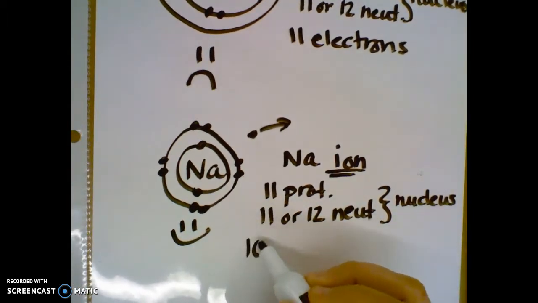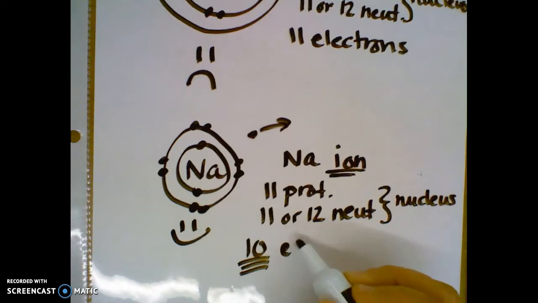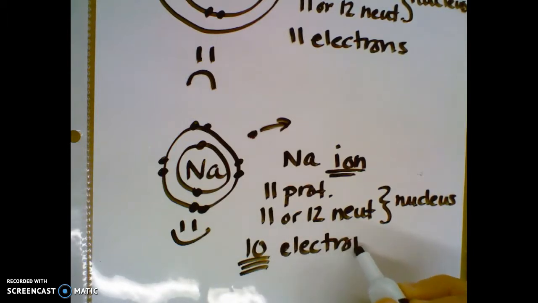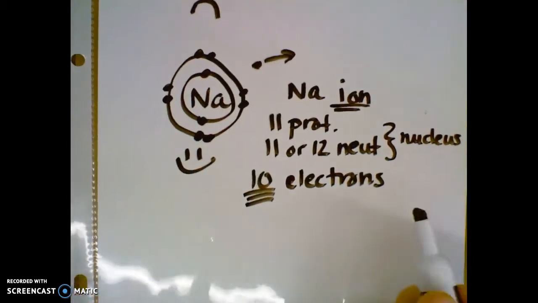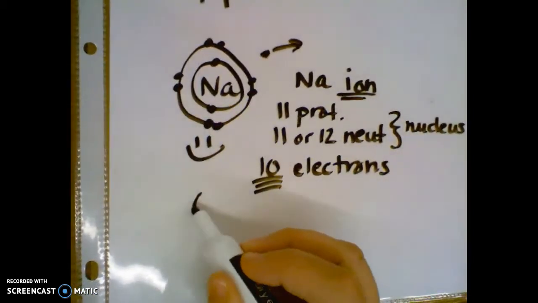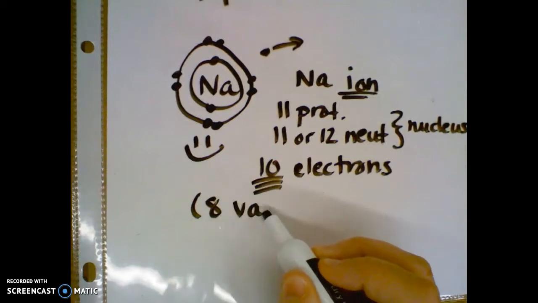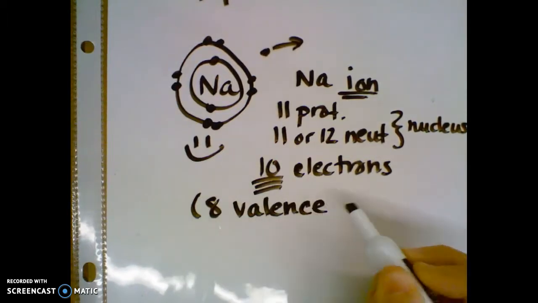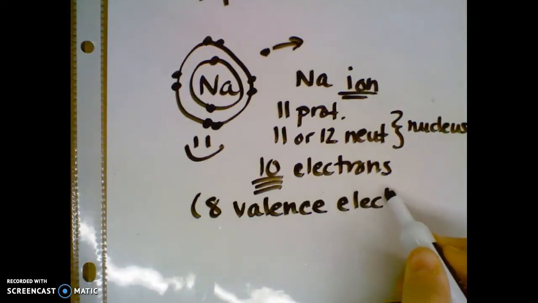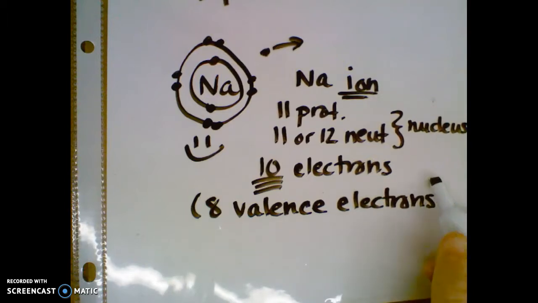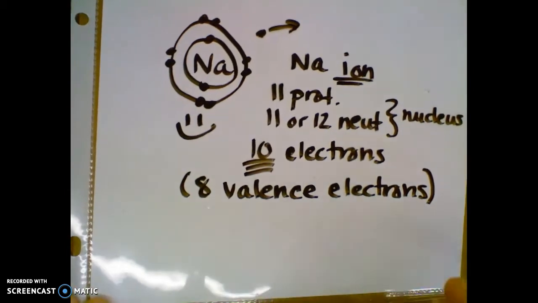But now we have 10 total electrons, and it's not specifically important about the total number of electrons, but the total number of outer electrons or valence electrons. There are 8, and that is what atoms want to have. They want to have 8 valence electrons.